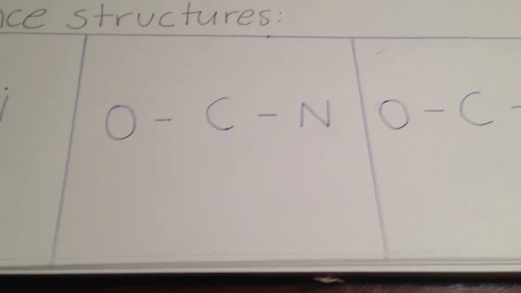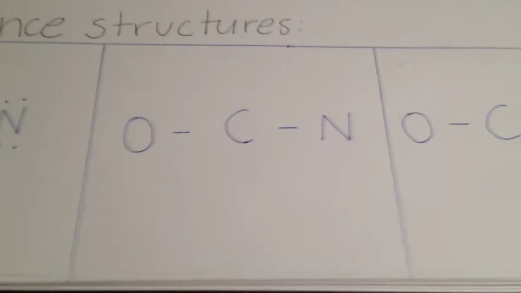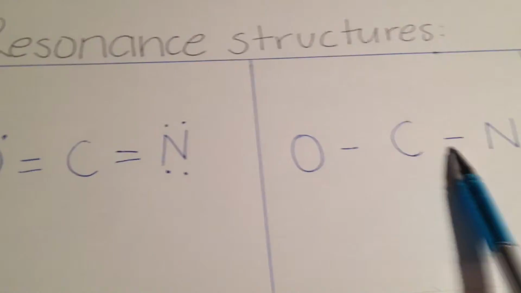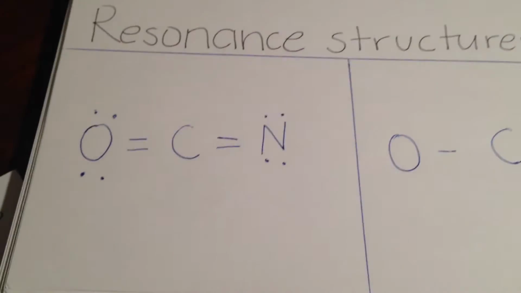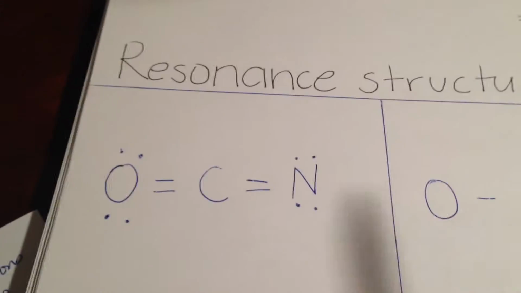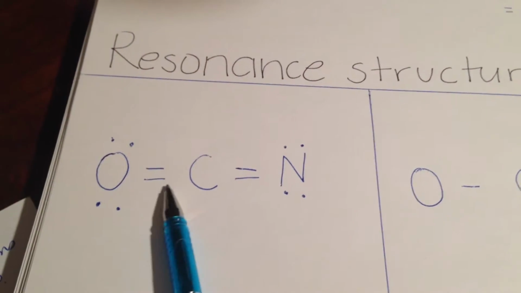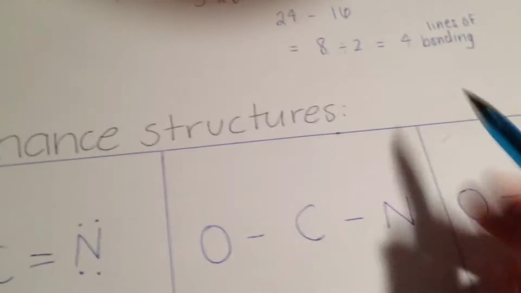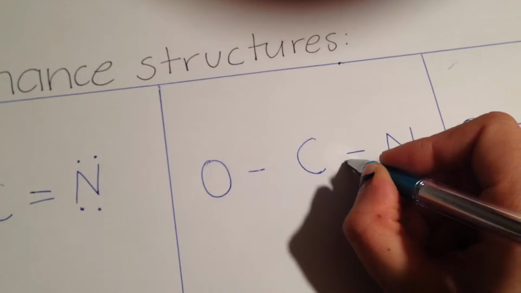Okay, for the next resonance structure, we can't do any more double bonds. So how about we take one of the bonds of the OC and transfer it to the CN.